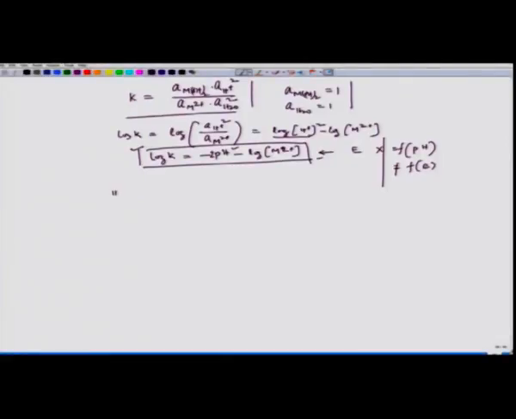So, now we can have 4 more reactions involving H plus, OH minus, O2, H2O, H2.